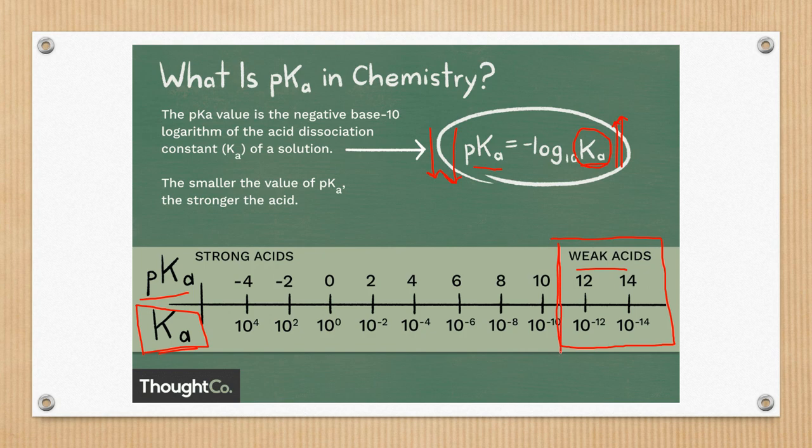Weak acids have a lower dissociation constant, so the pKa value will be higher and the Ka value lower. Strong acids have higher dissociation ability, so a higher Ka value but a lower pKa value. This is how we can relate Ka and pKa with strong and weak acids.